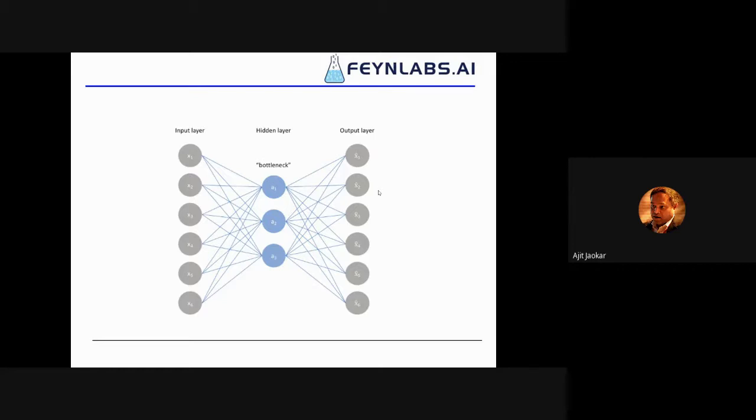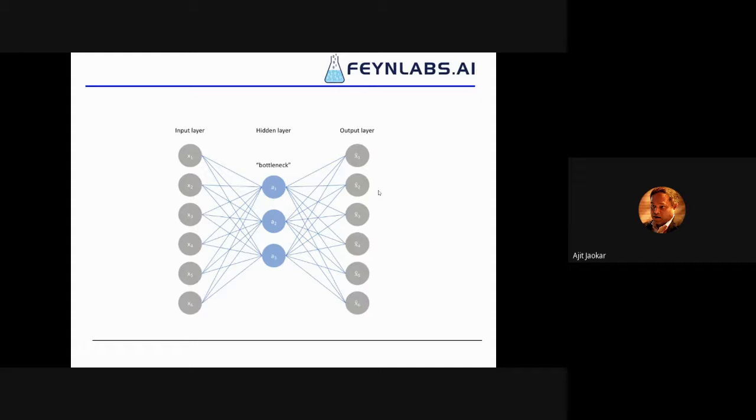You are creating an artificial bottleneck, where the hidden layer compresses the input and makes it smaller. Your goal then is to compress it and uncompress it such that the reconstruction is similar to the original.